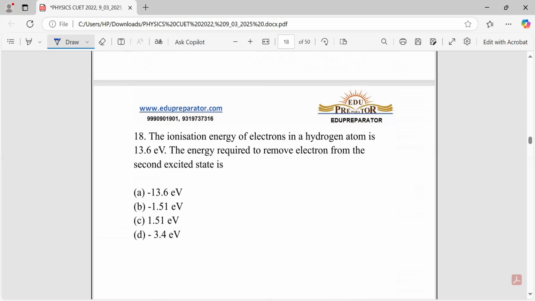So let's move to question number 18. Now question number 18 is based again on the concept that energy of electron in hydrogen atom in nth orbit is minus 13.6 upon n square electron volt, right? He says what is the energy required to remove the electron from the second excited state. Now this point should be kept in mind: second excited means n is equal to 3. That's a very important point.